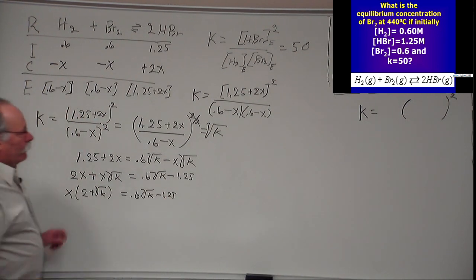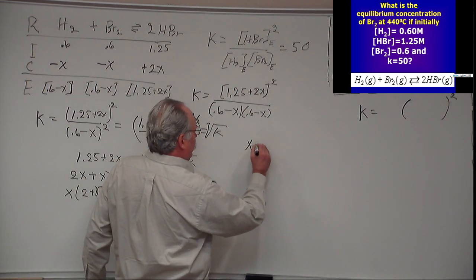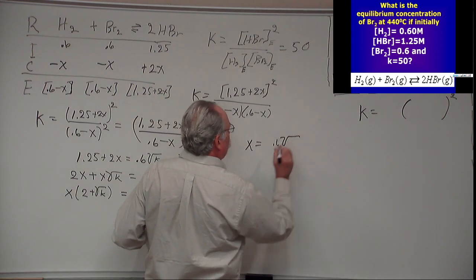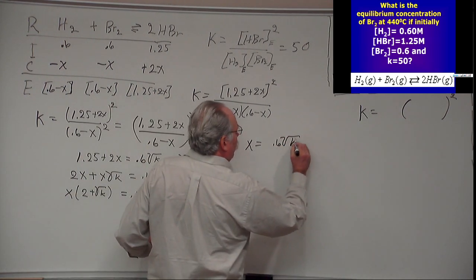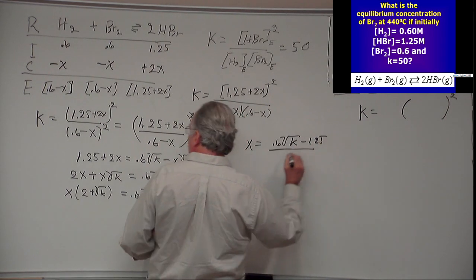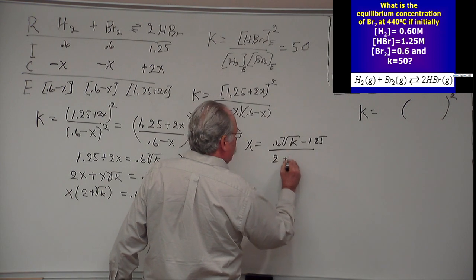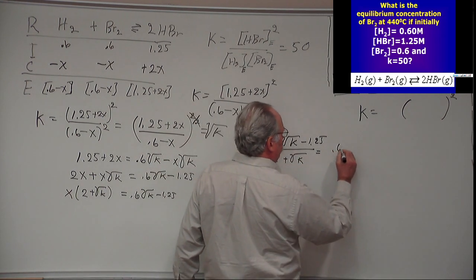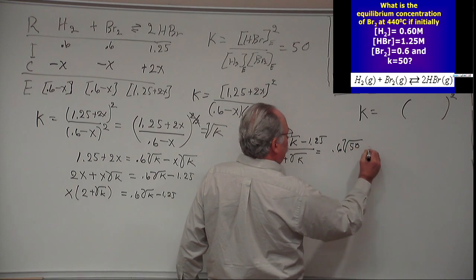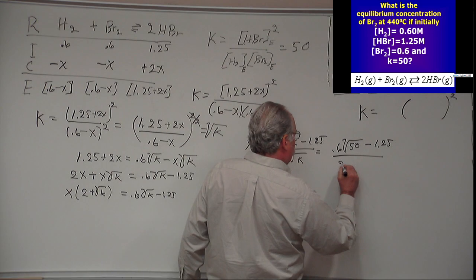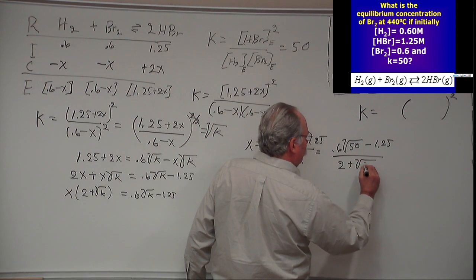Now I can solve for x. So x is equal to 0.6 times the square root of K minus 1.25, all over 2 plus the square root of K, which is equal to 0.6 times the square root of 50 minus 1.25, all over 2 plus the square root of 50.